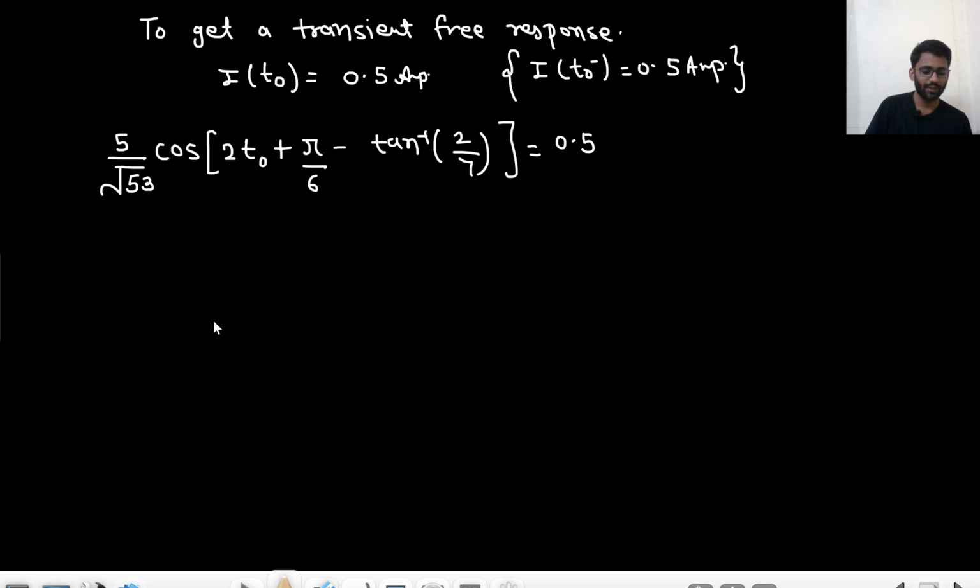So I am getting 0.255. T naught is around 0.26 second.